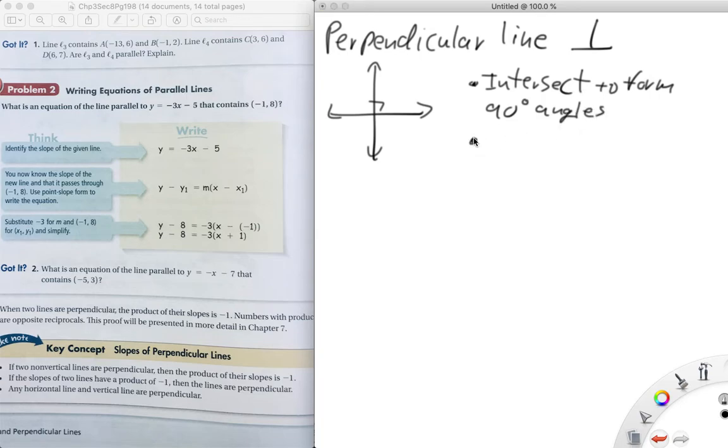And the way that I know that I have perpendicular lines is that when I multiply their slopes, if I have one slope, m1, and I multiply it by another slope, m2, I'm going to get negative 1, which means that they are negative reciprocals of each other.